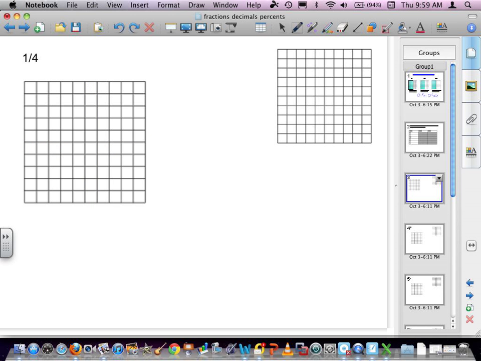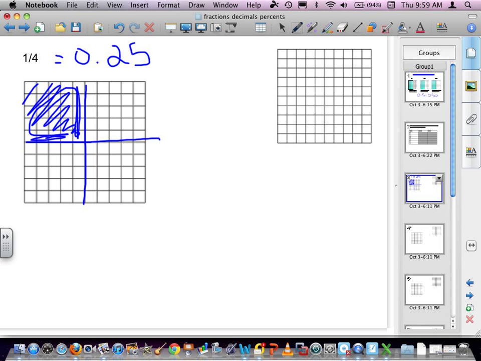Let's try to be a little more neat. Okay? And would you agree that that's a quarter? And so what is that as a decimal? 0.25, because it's 25 hundredths. Okay? So we can take fractions and turn them into decimals by thinking about a hundredths grid and shading a fraction of a hundredths grid, right?